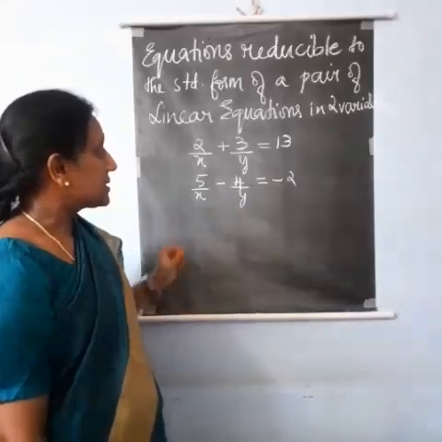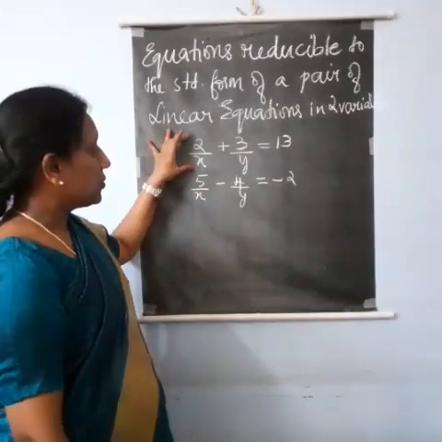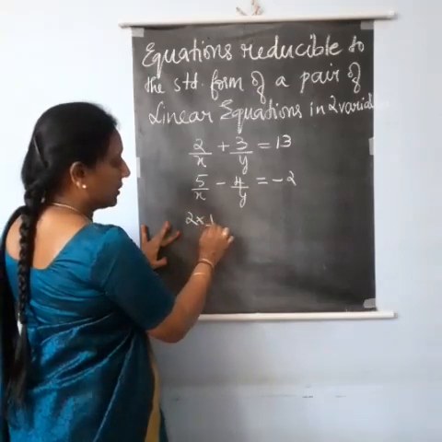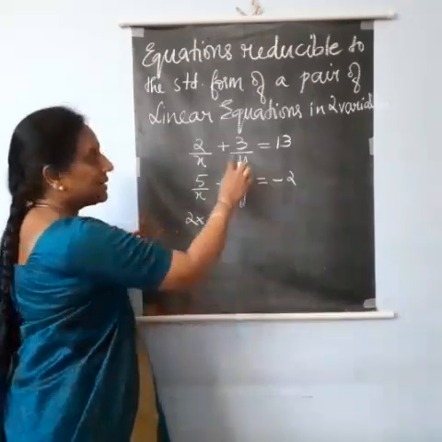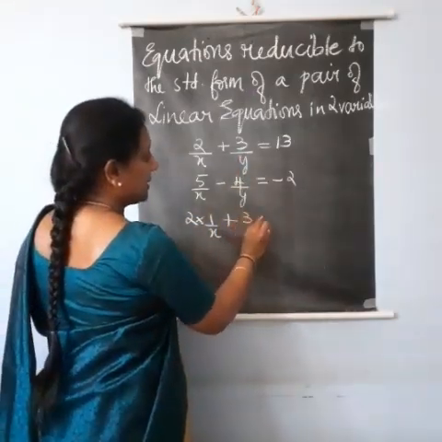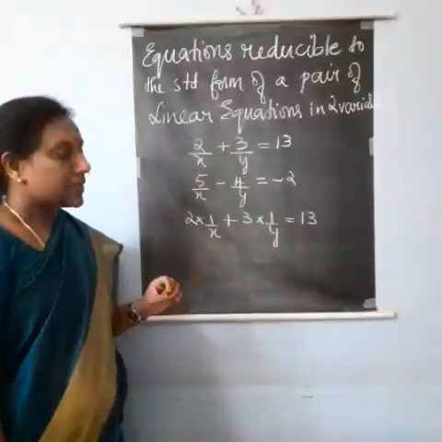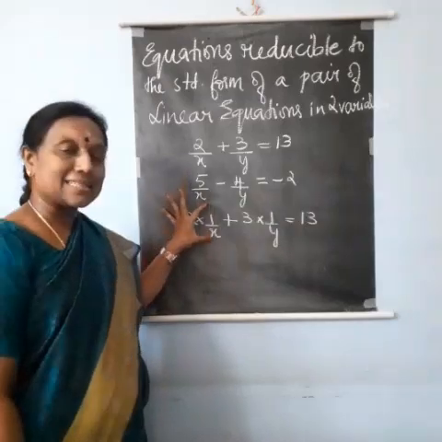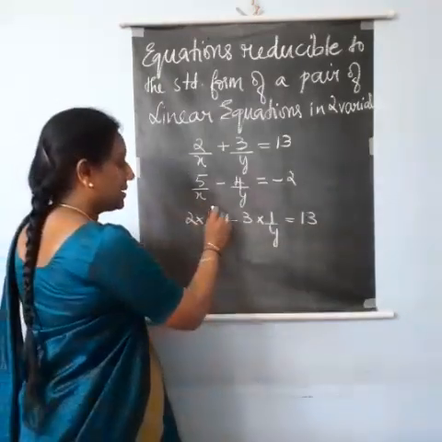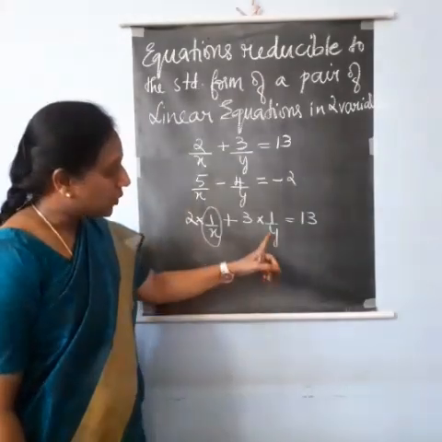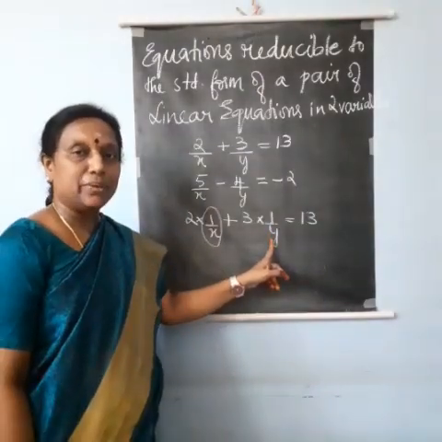What we can do is, this equation, if you notice, is actually 2 into 1 by x, correct? And this is 3 into 1 by y equal to 13. Okay, so this 1 by x, just say I substitute 1 by x as a and 1 by y as b.